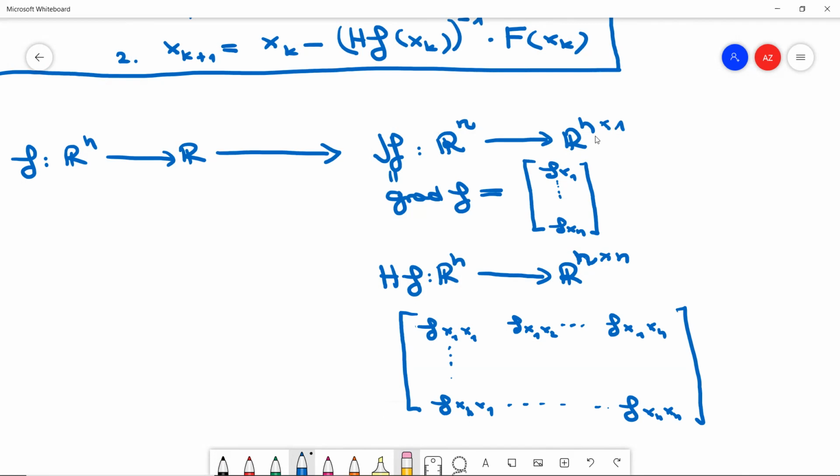So the Hessian is a bigger matrix, while the gradient is only a vector. In the gradient there are first derivatives, and in the Hessian there are second derivatives. We have n squared second derivatives, but in the Jacobian, we have only n possible derivatives.